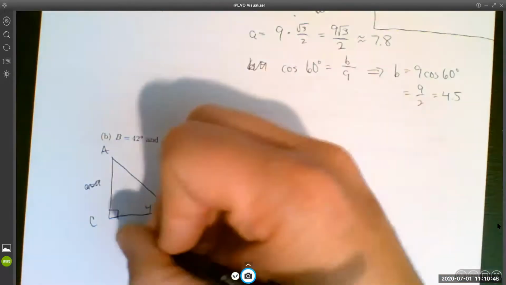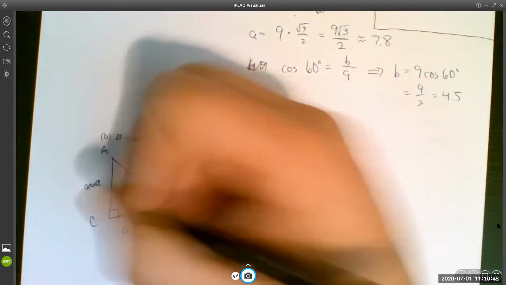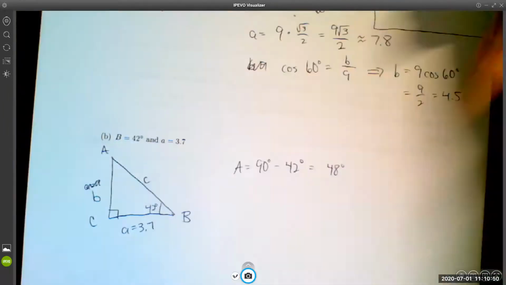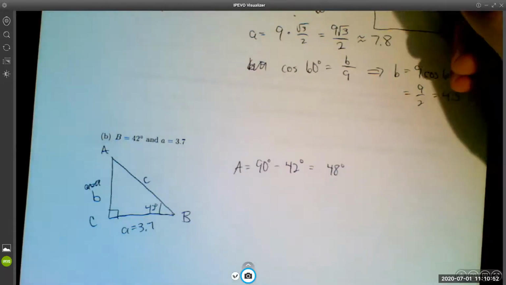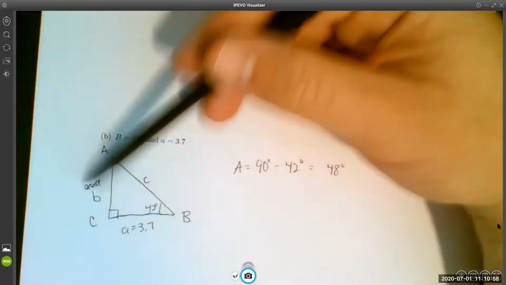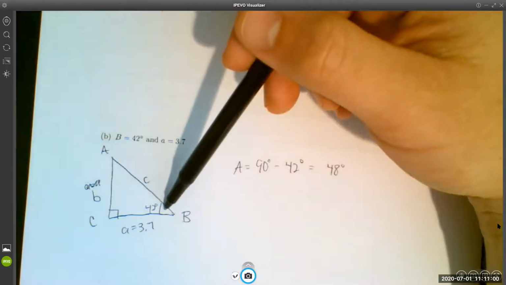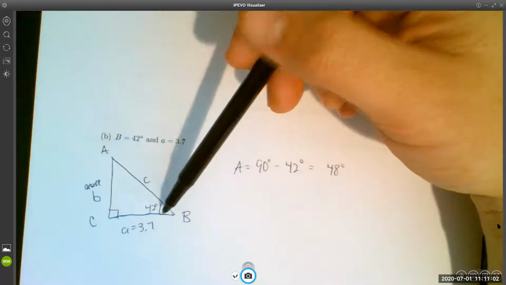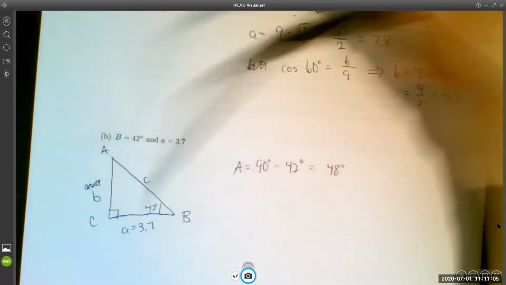So if I wanted to find, say I wanted to find B, I could use tangent 42 degrees. I could say tangent 42 degrees is B over A.